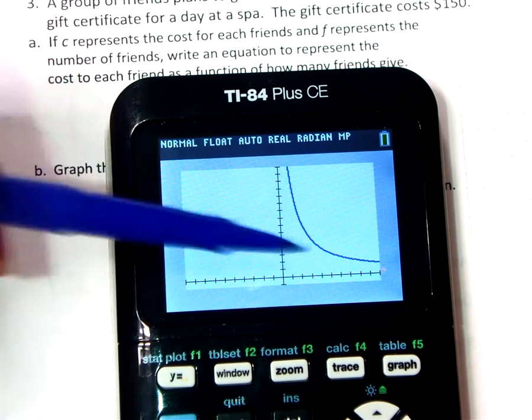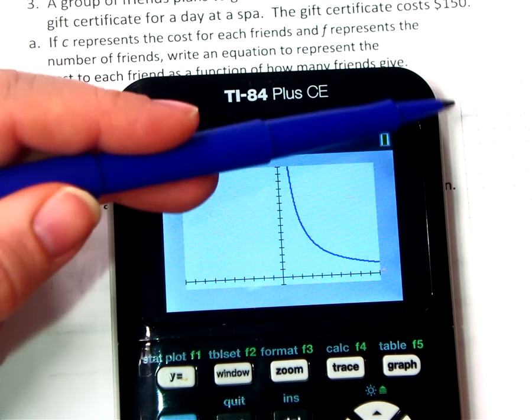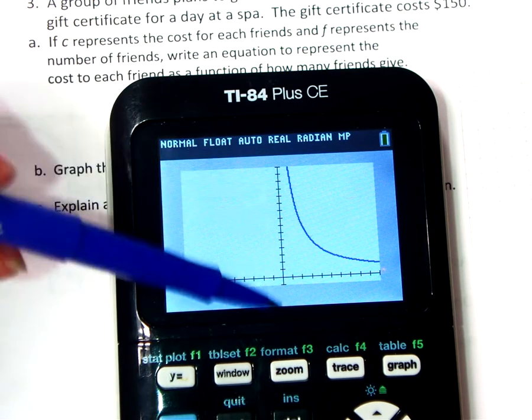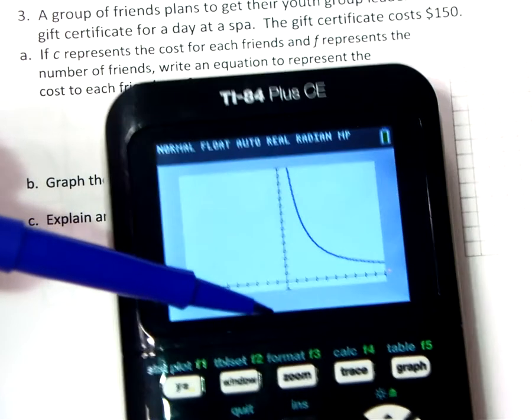So that means I'm going to probably want each of my values here to count up by maybe 10, because that's what I needed to do on my scale on my calculator.